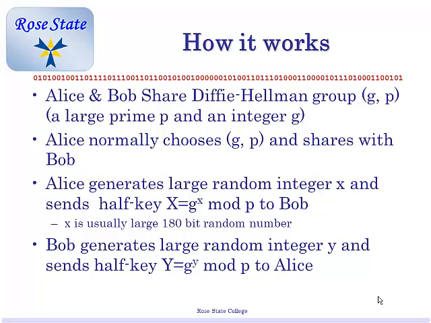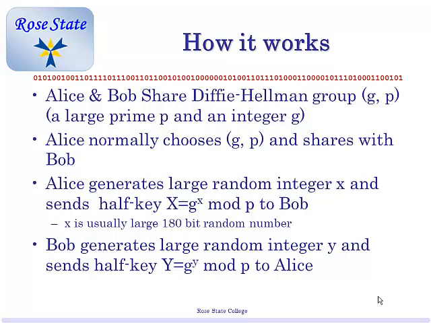No, she wouldn't. But she can work out the result. So Alice generates a large random number X and sends the half key, capital X, which is equal to G to the X mod P. So real simple math so far. It's normally a very large number, but obviously for our case, they're going to be very small numbers, so we can do the math.